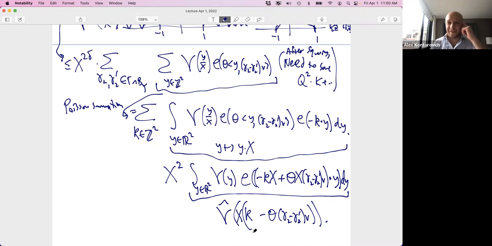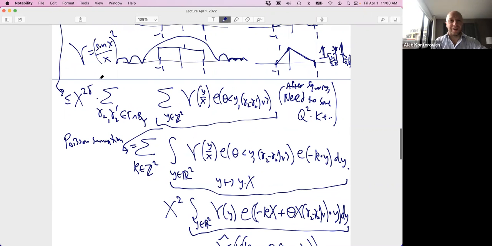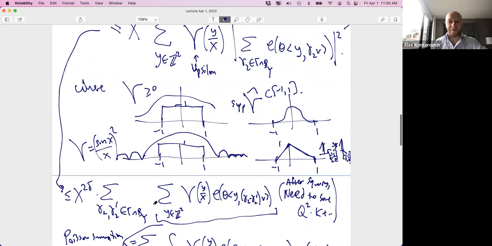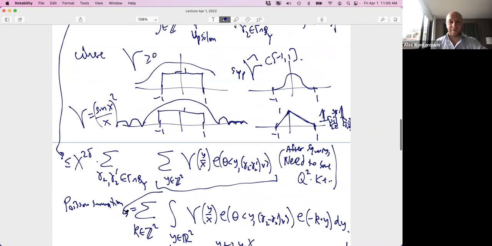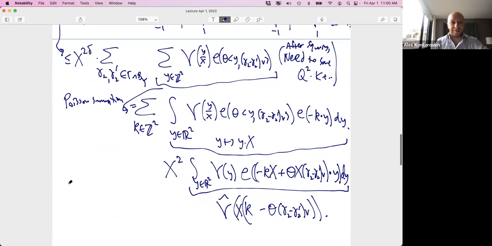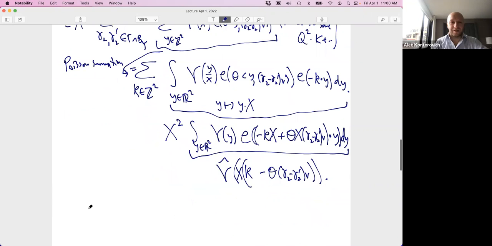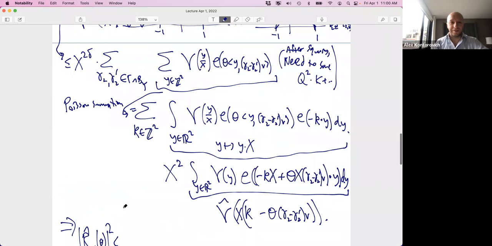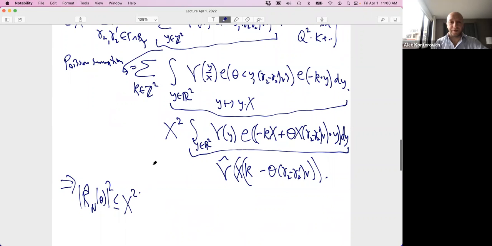Okay, so let's summarize what we have on our r hat n theta squared. In total, we've bounded it by, first there's an x to the 2 delta. Nothing we can do about that.